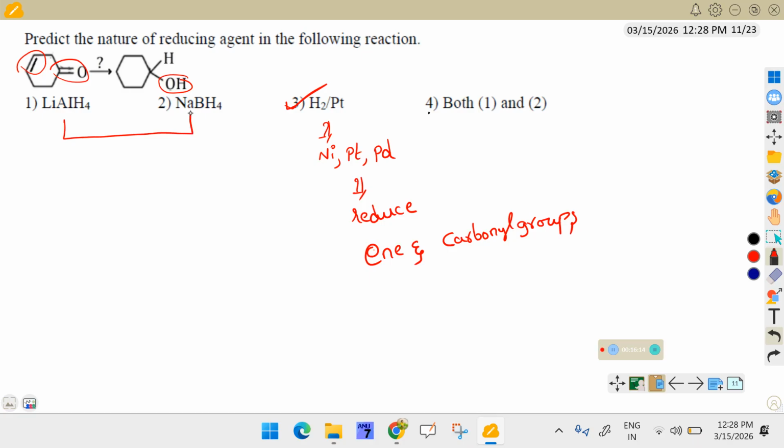LiAlH4 and NaBH4 reduce only carbonyl groups. So the correct answer is the third option.